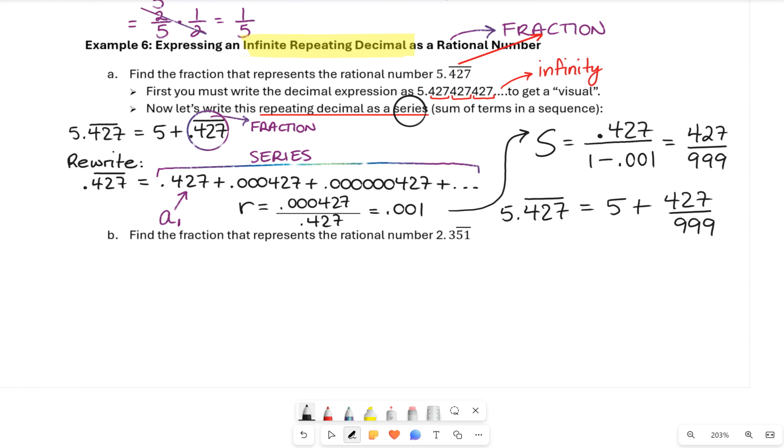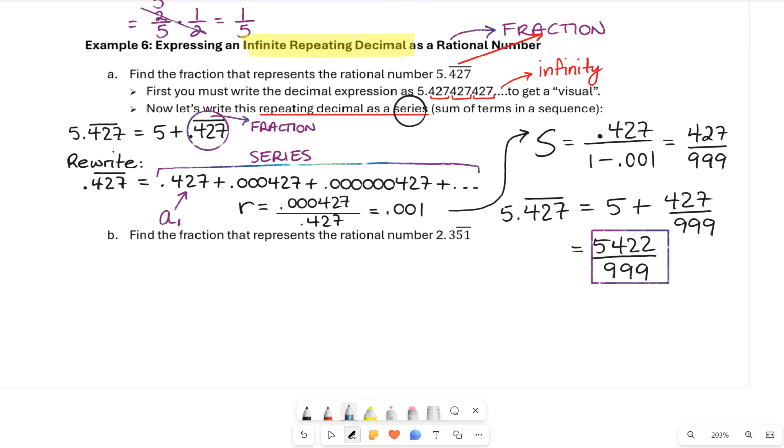And when I do that, I get 5,422 over 999. And I want to challenge you, when you get your final answer, go ahead and type it into the calculator and convert it to a decimal and make sure it looks like 5.427 repeating like your given problem, which in this case it would.